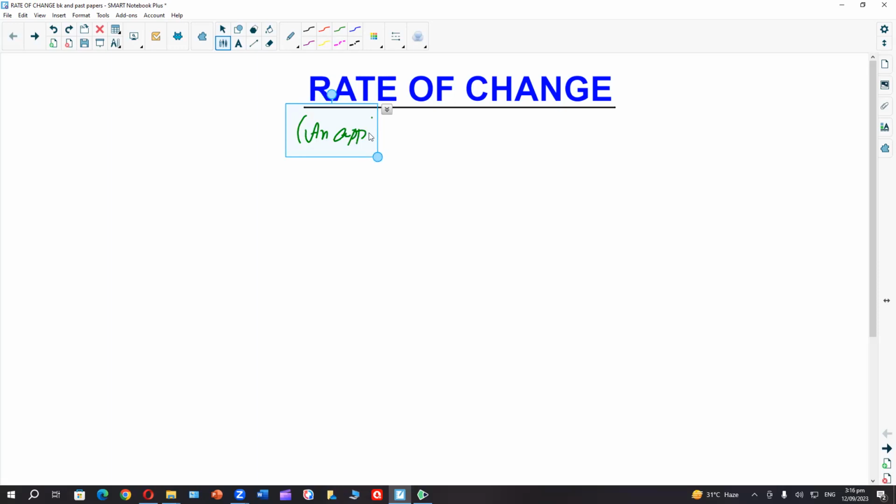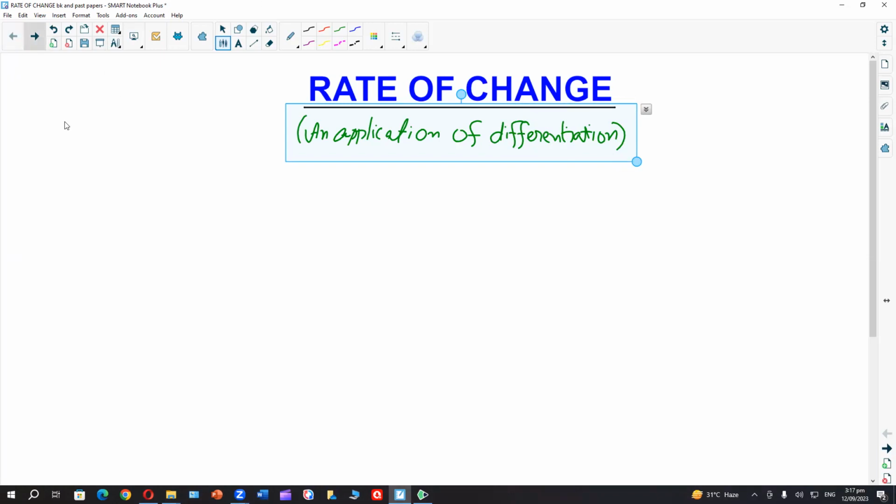And this is an application of differentiation.